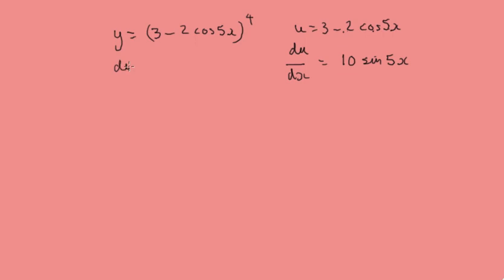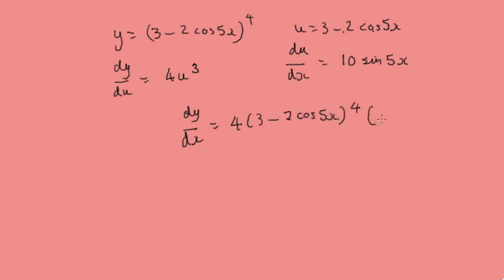And our dy by du, that's going to be 4u to the power 3. So dy by dx is going to be 3 minus 2 cosine 5x to the power 4 multiplied by 10 sine 5x.